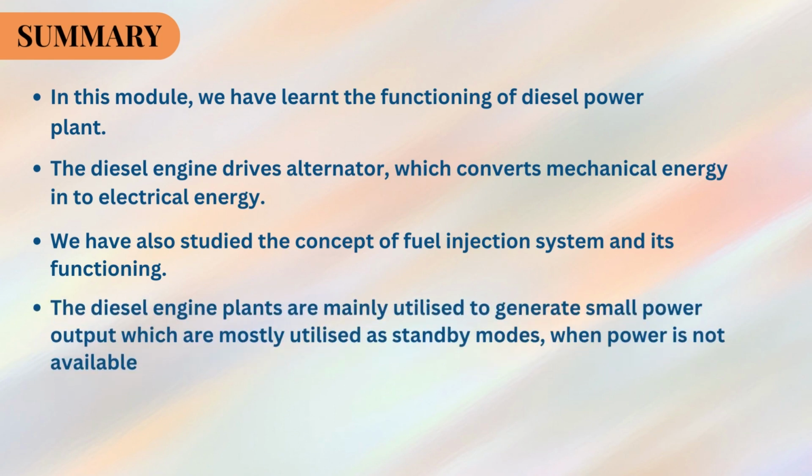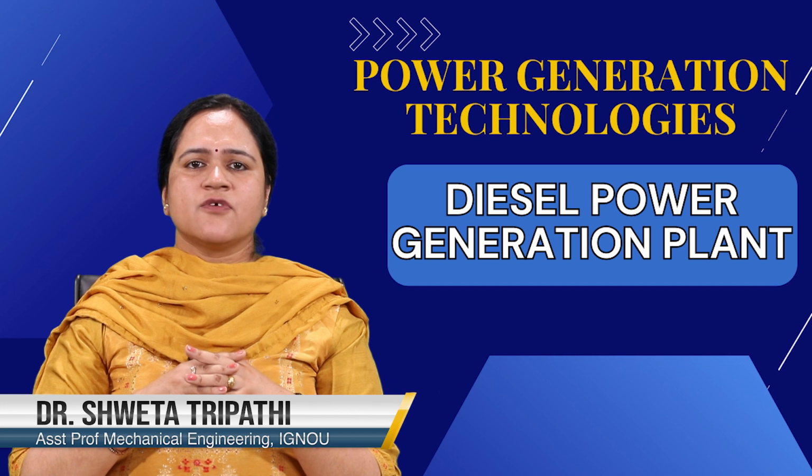We have learned that the diesel power plants are mainly utilized to generate small power output, which are mostly utilized as standby modes when power is not available. We have discussed that the use of diesel power plants is done for standby mode because the overall cost for this kind of engine is very high.